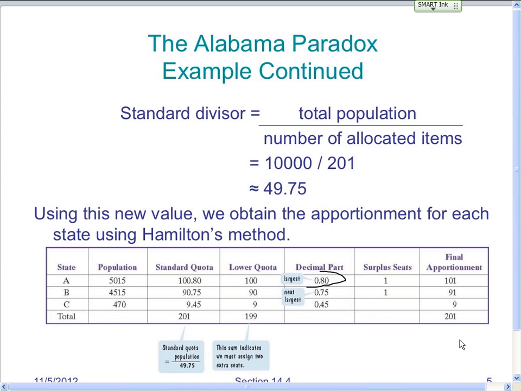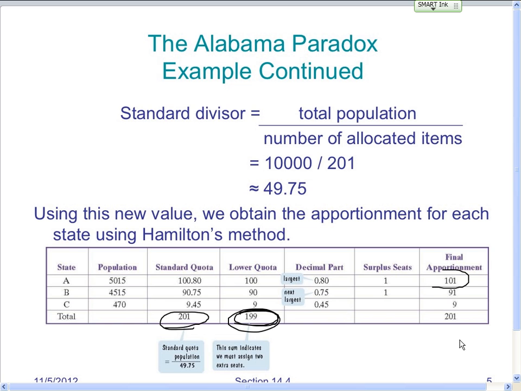Now state A has the largest decimal part. So we're going to give the extra seat to state A, but notice this adds up to 199, and we have 201 seats. So we actually have 2 extra seats.